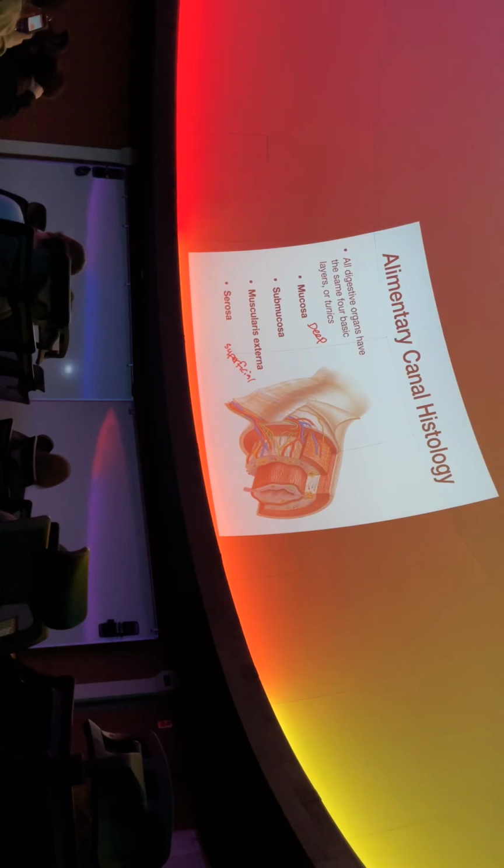I have slides for each, but it would be like mucosa right there. Here's the submucosa, which has actually its own little layer of smooth muscle. Muscularis externa is where all of the bulk of the smooth muscle is located, and then the serosa is all of this beige stuff, where see it's a single layer of epithelia right there.